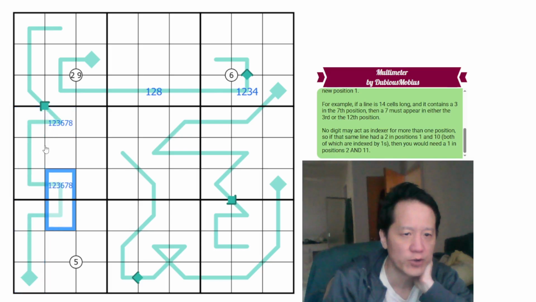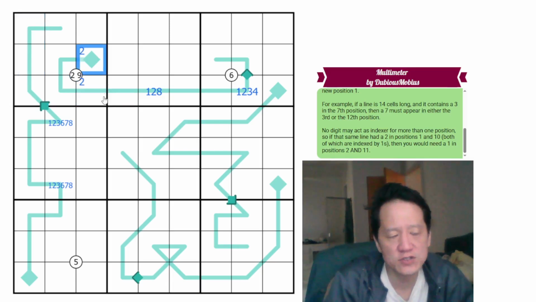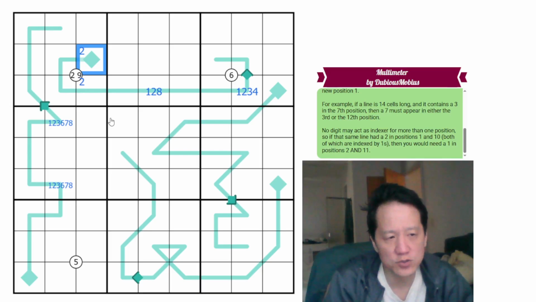Well, because of that, we know where the 2 cannot be. The 2 cannot be in this cell, these cells, or these cells. So it must be one of these, must be a 2. So if this is a 2, that's saying there's a 1 in one of the second spaces, or the 2 has to have a fourth space, right?